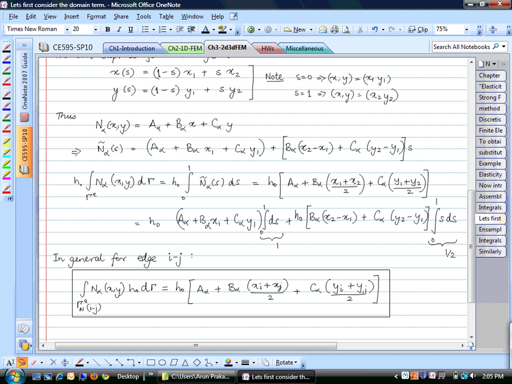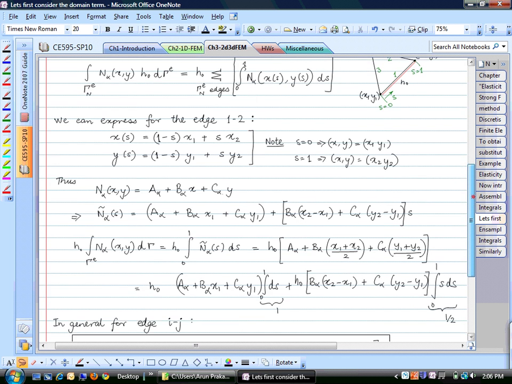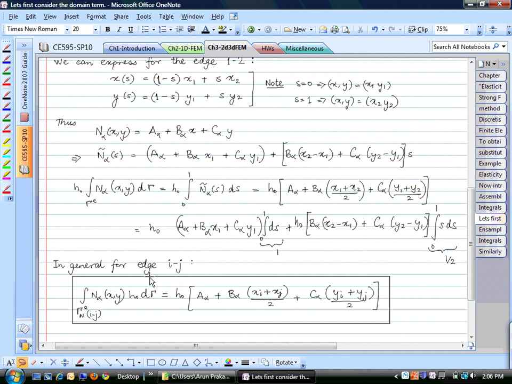So what we will do now is we'll see that this x1 over 2 will combine with this and give you this quantity. And so is there something, is there one line missing here for the edge 1, 2? Because this seems to be for the general edge i to j.